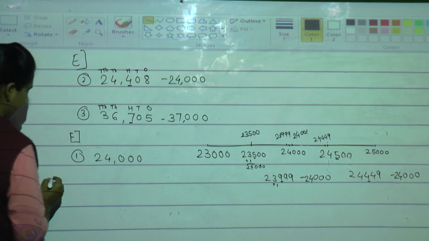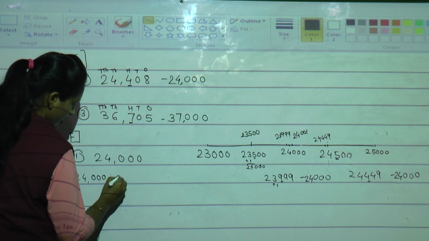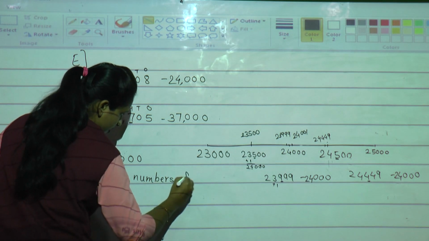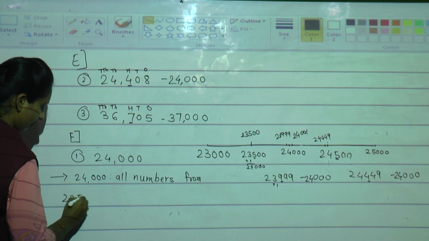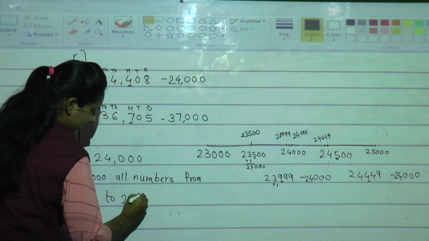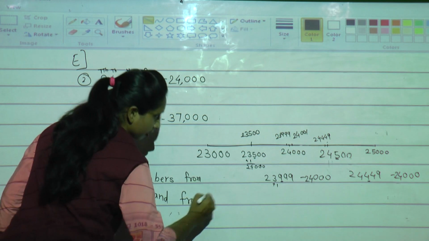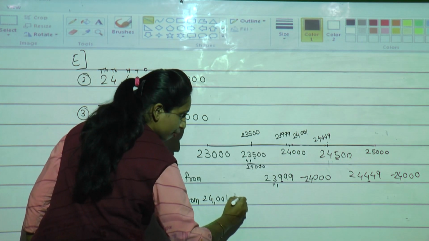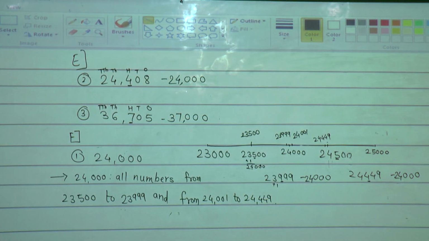So now here I can write 24,000: all numbers from 23,500 to 23,999 and from 24,001 to 24,499 in this way.